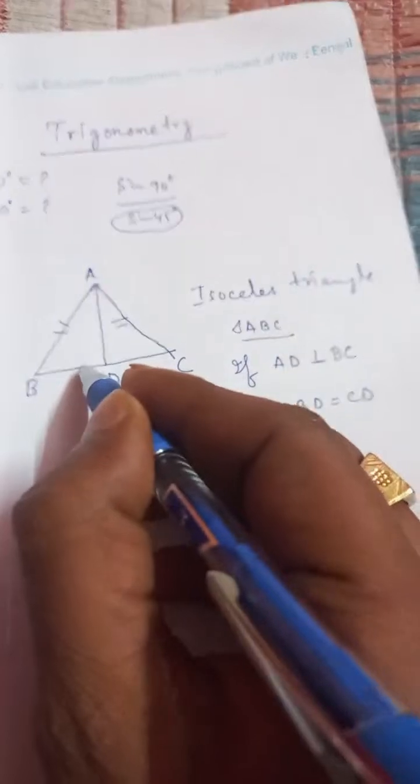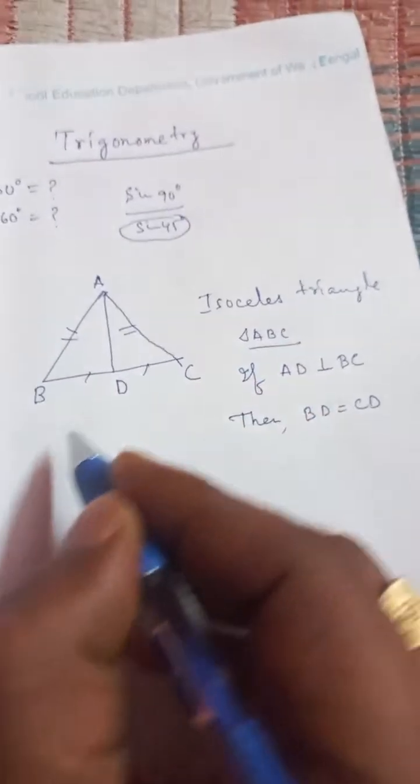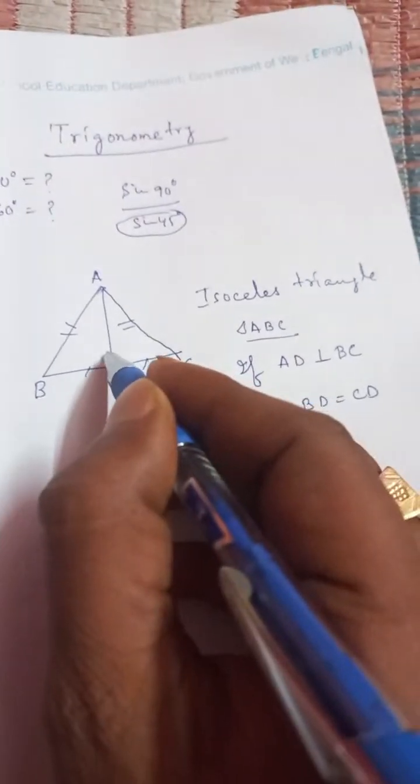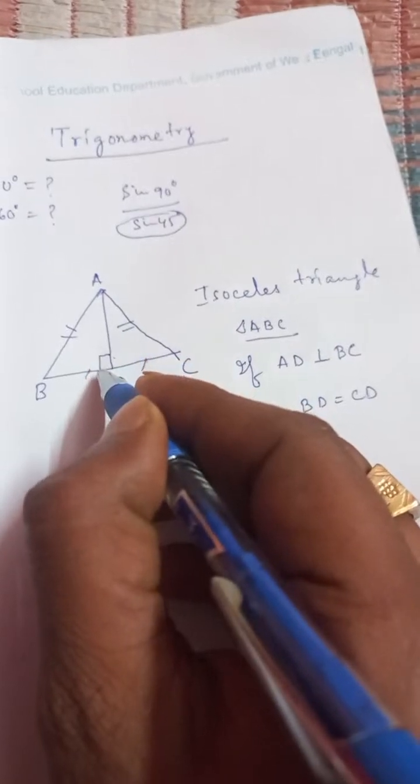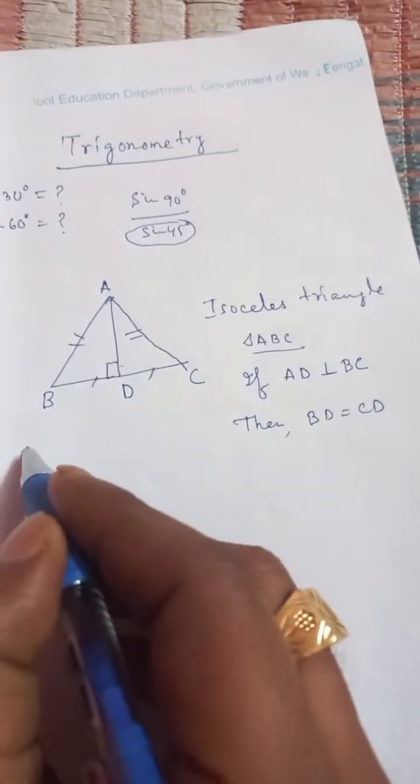It means that these two sides are equal. Now, since AD is perpendicular to BC, this angle must be 90 degrees.